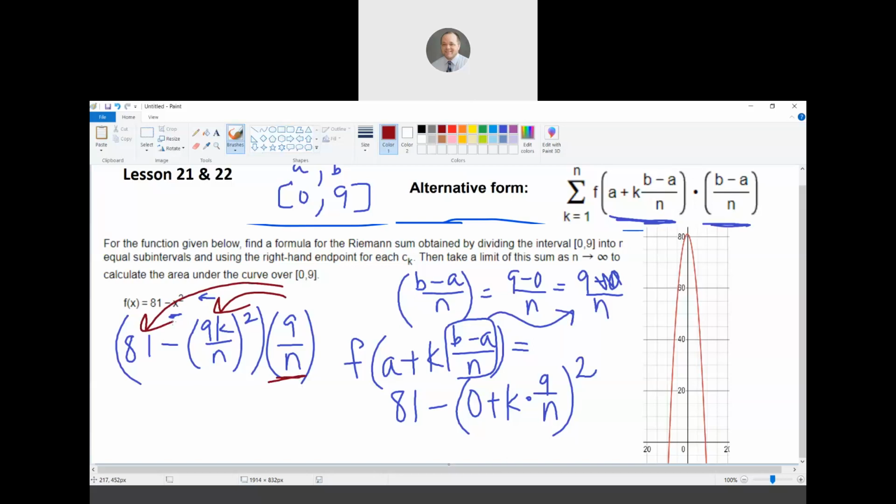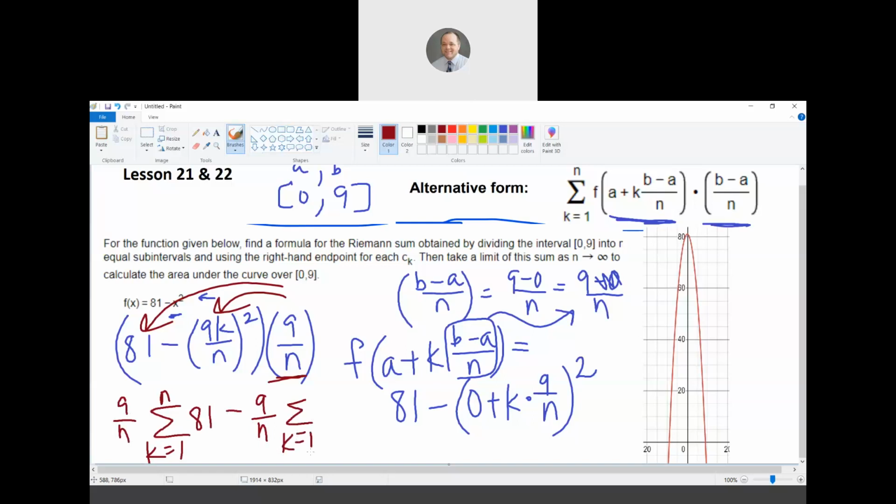So we have, according to the summation formula here, the sum from k equal to 1 to n of 9 over n, we'll pull that out to the front, of 81 minus 9 over n.